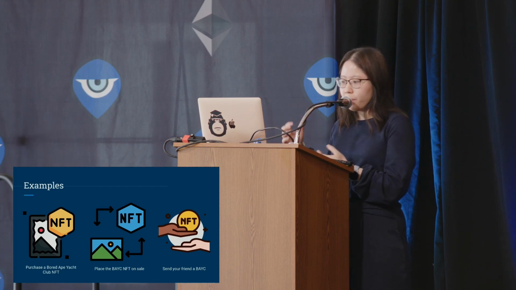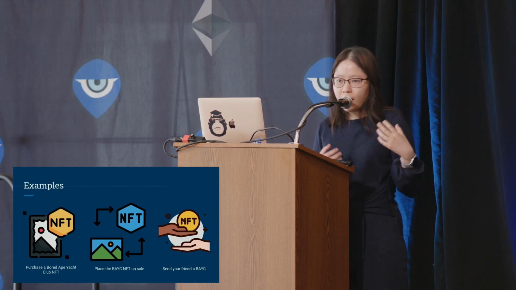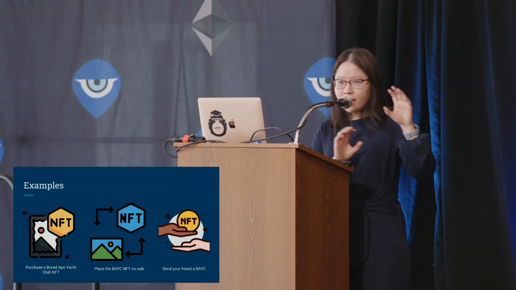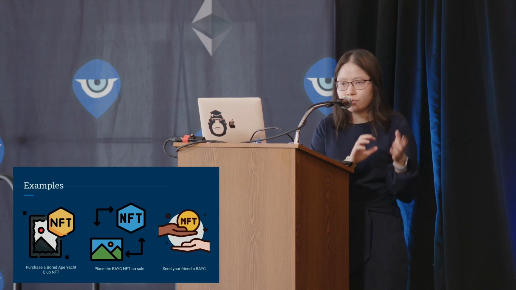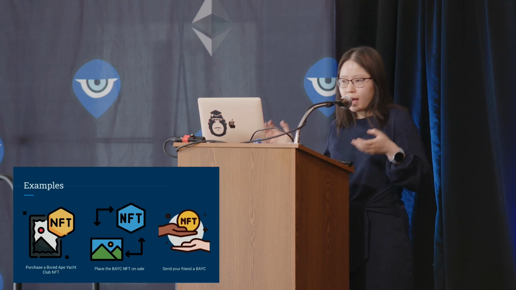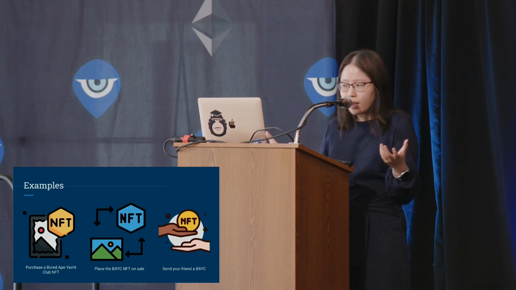Or if you place a Bored Ape Yacht Club NFT on sale, most platforms handle it by you saying, hey, I want to place this NFT on sale. You're actually transferring that NFT to that platform's wallet, for example, OpenSea's wallet. So that's one transaction.